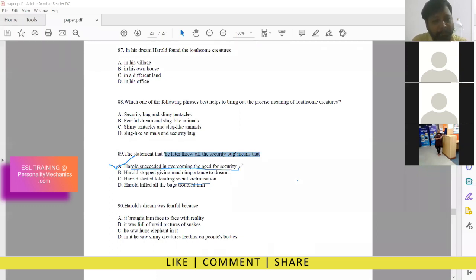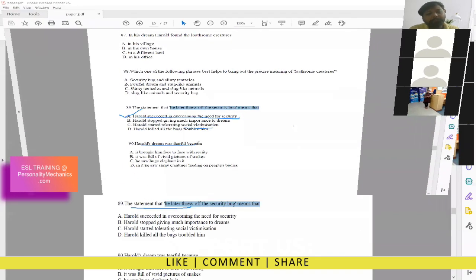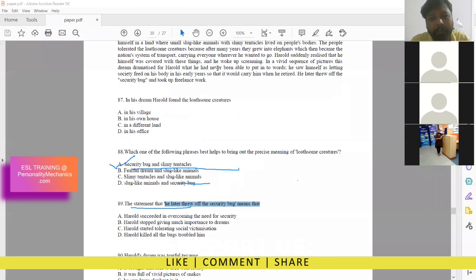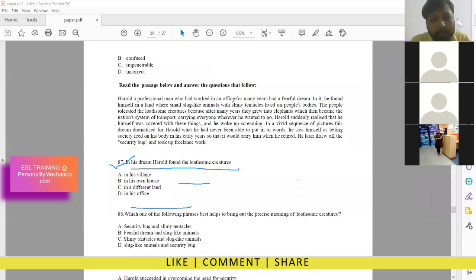Hence, that's it. Next is Herold's dream was fearsome here. He said it here. Office for many years had a fearsome dream. What was so fearsome about it? In it, he found himself in a land where small slug-like animals with slimy tentacles lived on people's bodies.